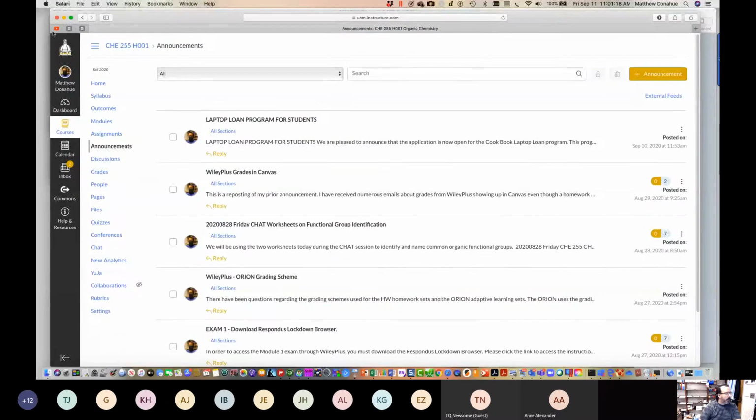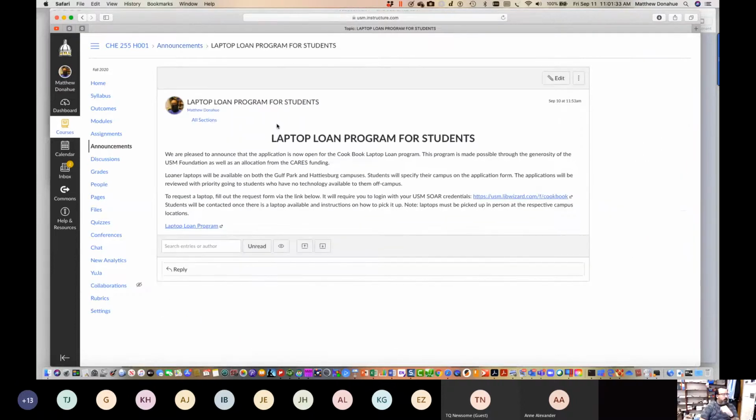So now I have Canvas showing here. I sent an announcement on the 10th about this laptop loan program for students. If you're not aware of that and you're in need of a laptop, I know some of you only had tablets to use, and that can be an issue with the lockdown browser and whatnot.